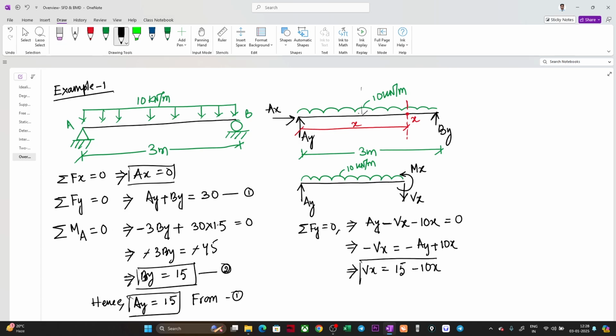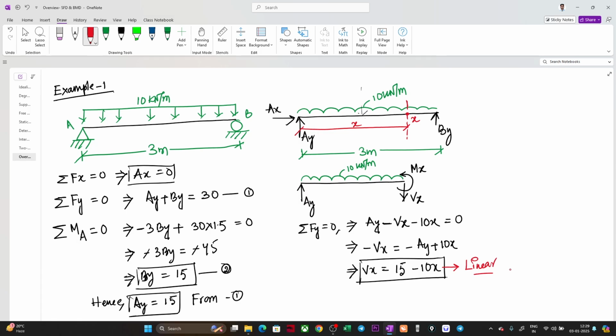This is my expression for finding out the shear force at any point on this particular beam along its length. And if you understand, this is a linear equation, so it will be linearly varying.